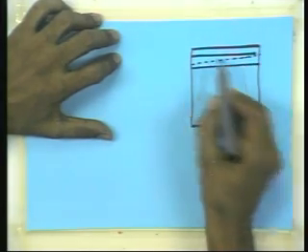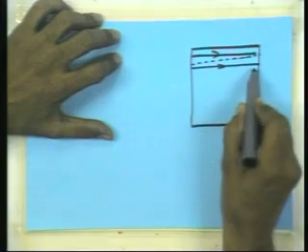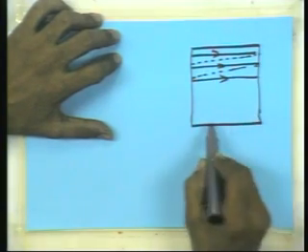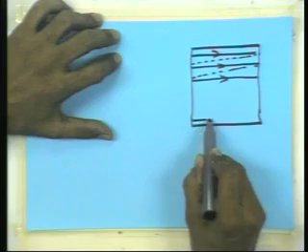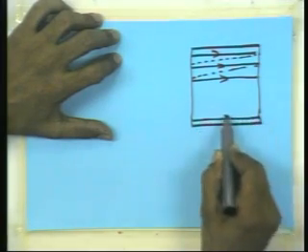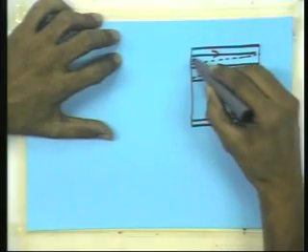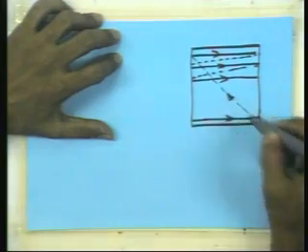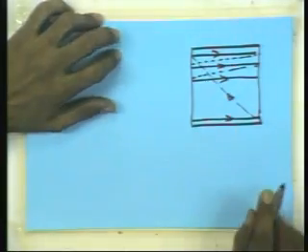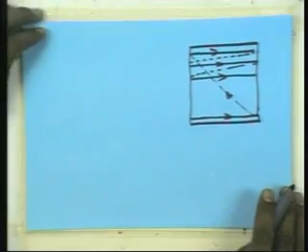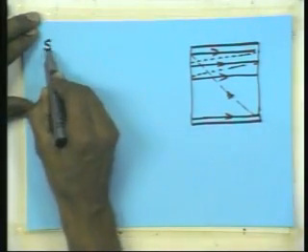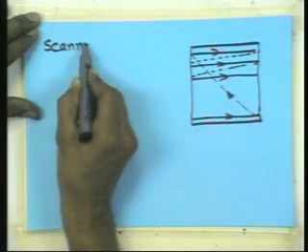Then it travels here again, returns, travels, and finally it will come up here and travel along the last line. Then the vertical deflection control will take the beam, turn it off, and bring it to the beginning of the scanning pattern again. So this is the scanning pattern.